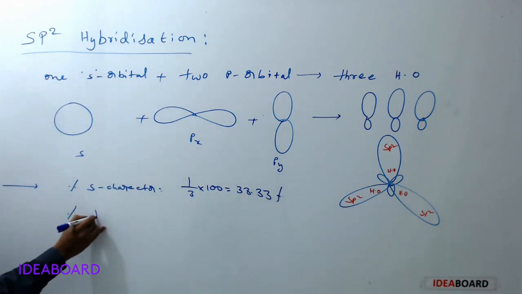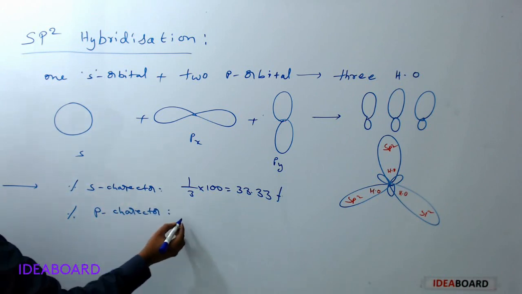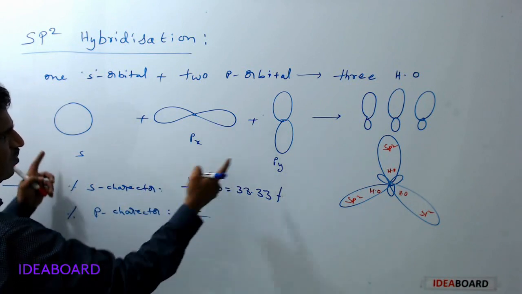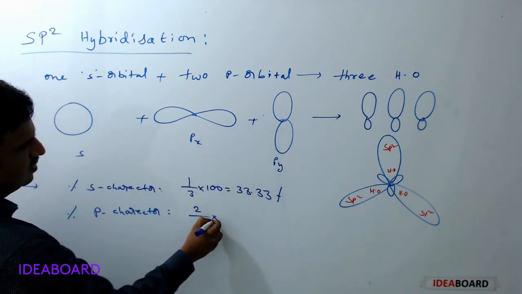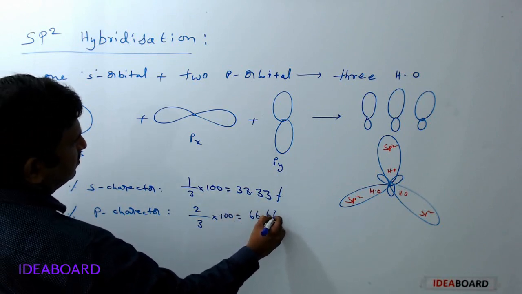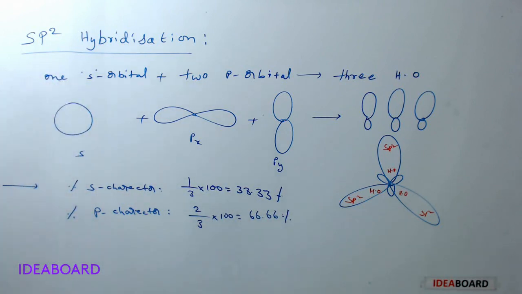And the percentage of p character: here we have 2 p orbitals out of a total of 3 orbitals participating. So 2 by 3 into 100 is 66.667%. Okay, this is the percentage of s and p character.